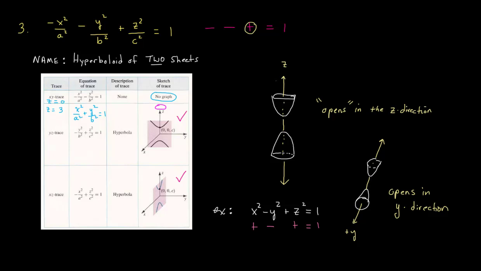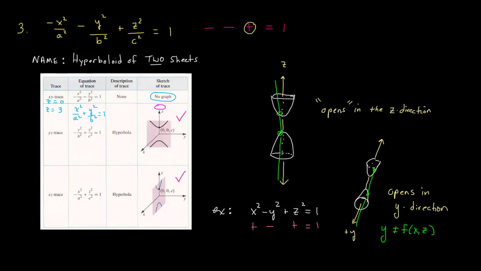See, there is a vertical spike that would pass through more than 1 point, not a function. Here, a y direction spike passes through more than 1 point, not a function. So y is not a function of x and z, and up here, z is not a function of x and y.